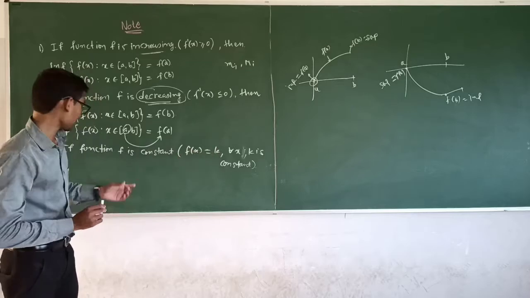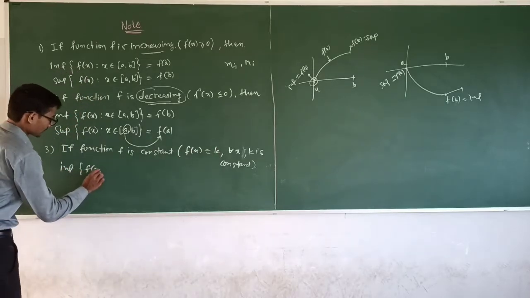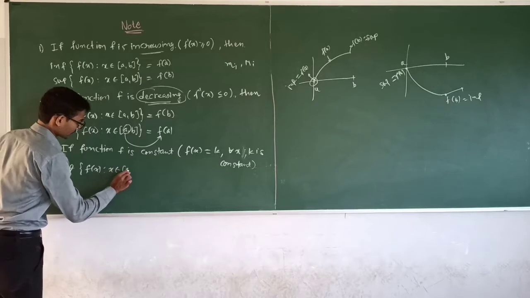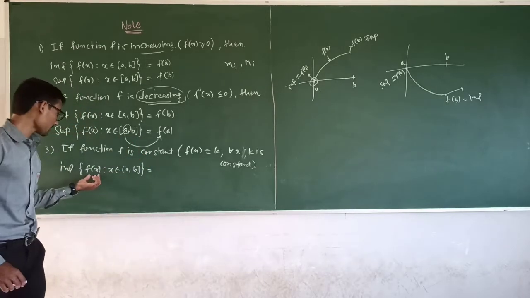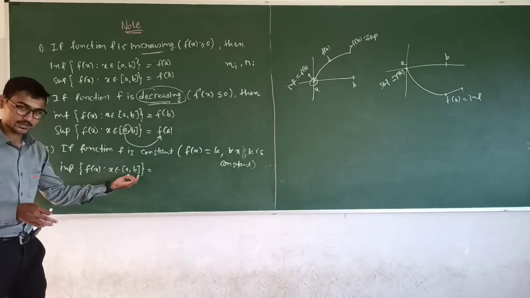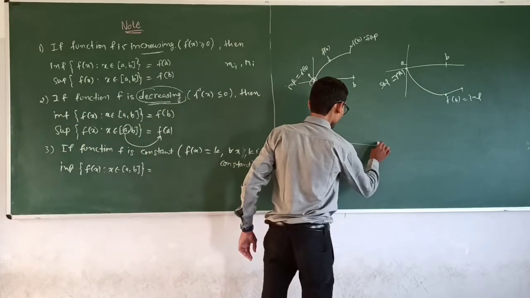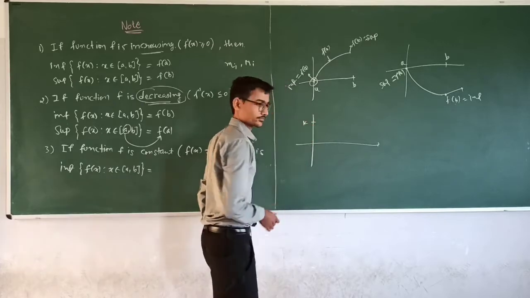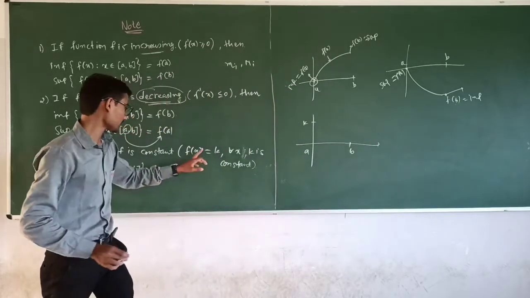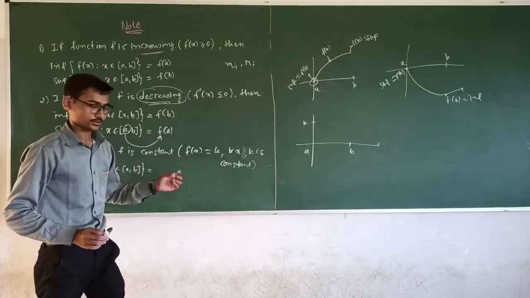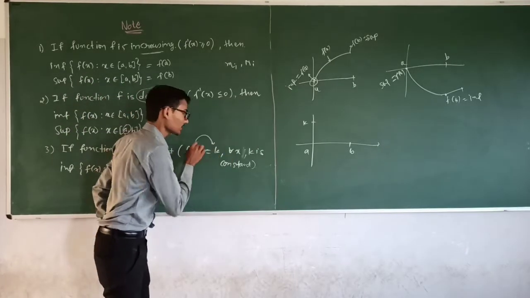If f of x is equal to k, the function is constant, then the infimum value of f of x such that x belongs to closed interval [a, b]. Each point of that sub-interval has the same value, given that the function is constant, that is our k. The function is f of x equal to k. Each element of the x-axis is sent to k.